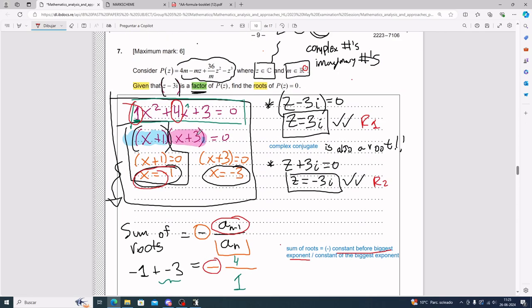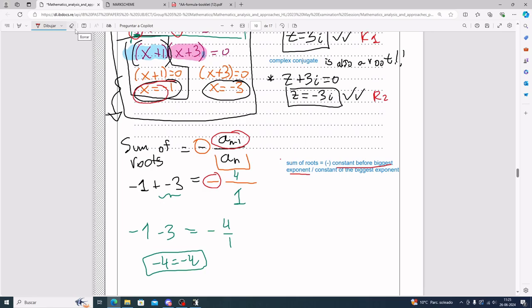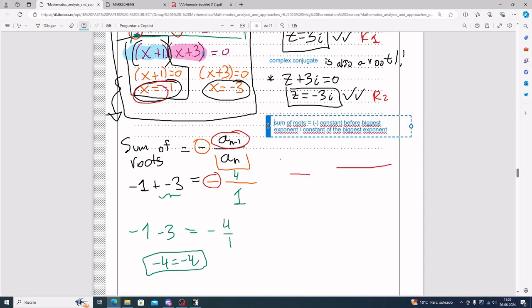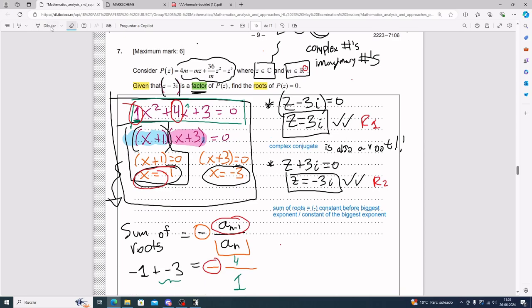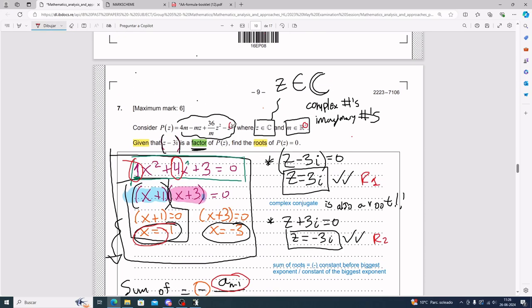I had to explain it piece by piece because I don't just want to throw it at you, okay? This is how it works. This is how you apply it. So now let's apply it to this super hard exercise. You know that you have 3 roots because you have z to the power of 3.